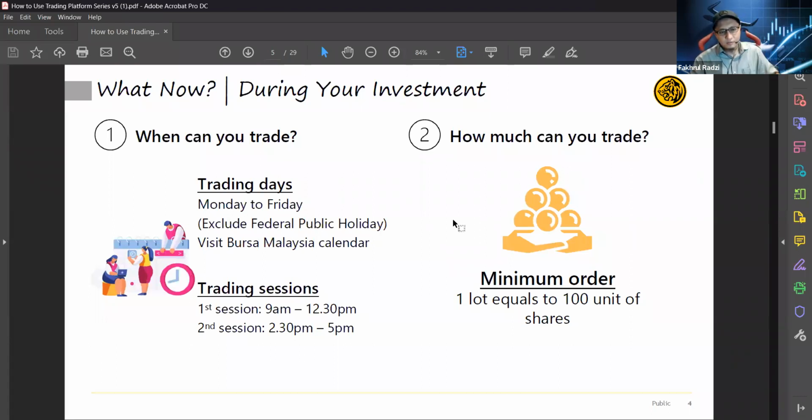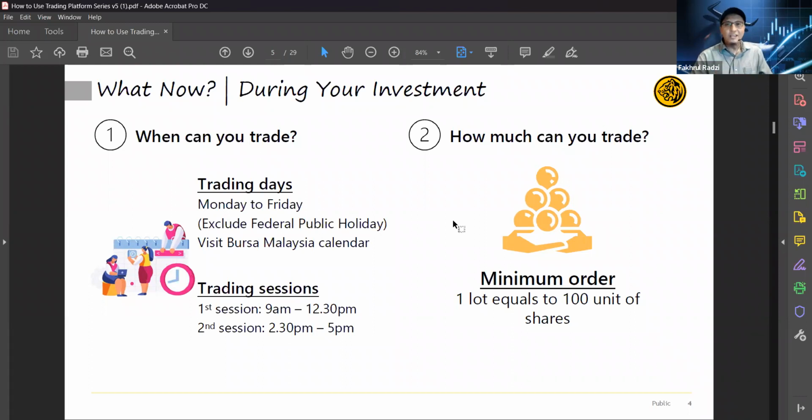So when can you trade? The trading days are Monday to Friday, excluding federal public holidays. You can also check the Bursa Malaysia calendar for dates that may be public holidays you don't know about. Around the country we have different states and different public holidays, so all you need to do is check the Bursa Malaysia calendar for the federal territory.